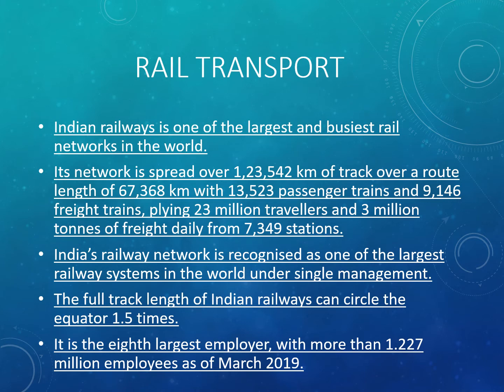Its network is spread over 1,20,000 23,542 km of track over a route length of 67,368 km with 13,523 passenger trains and 9,146 freight trains plying 23 million travelers and 3 million tons of freight daily from 7,349 stations.